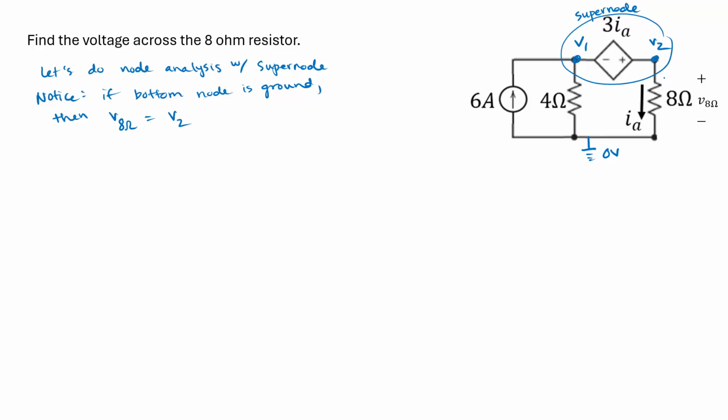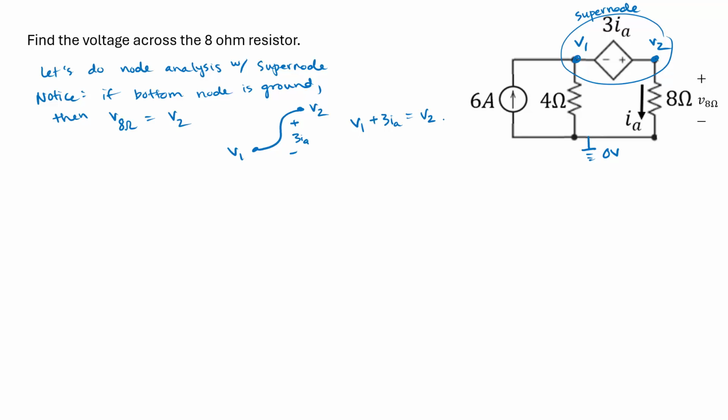And we can also notice that based on the way our supernode is written, we know that our voltage V2 is sitting 3IA higher than V1. So we can also say that V1 plus 3IA equals V2.